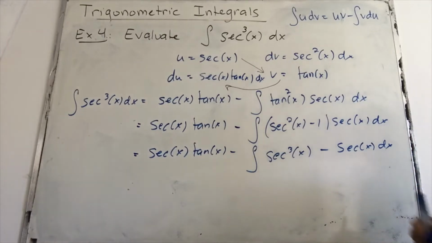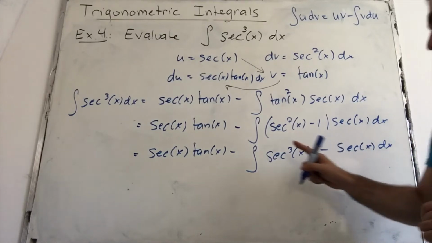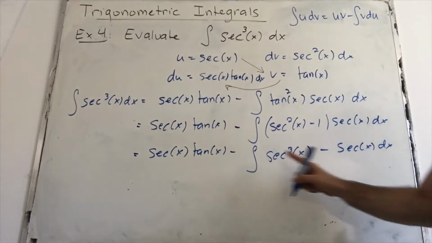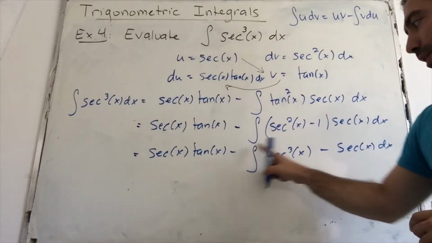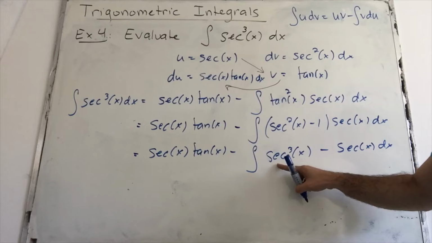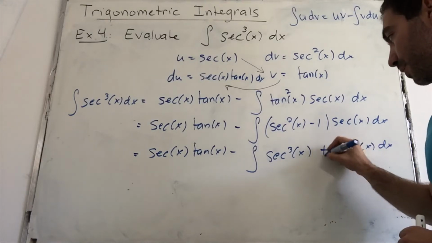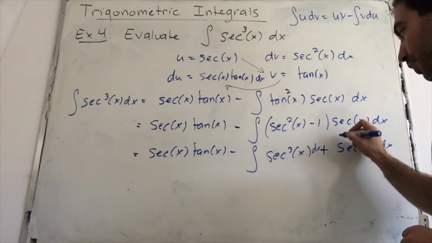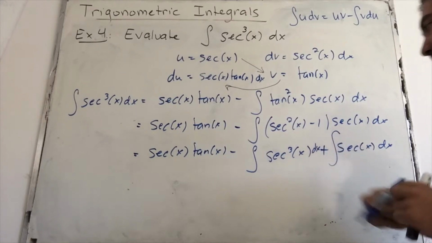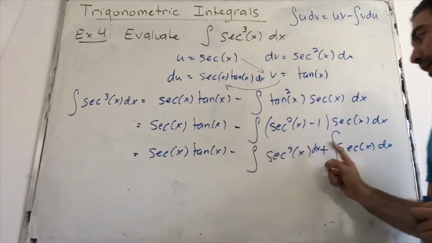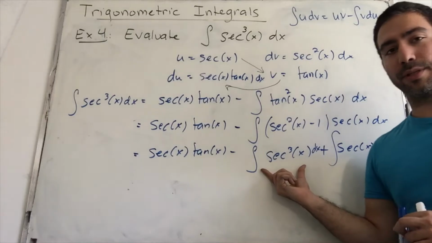Why is this a good thing? Well, first of all, I could deal with each term individually. Since we have a minus in the front, I'm going to distribute it to both of them. So this term is going to be minus, and this term is going to turn into a plus. I'm going to just take the integral of each term.